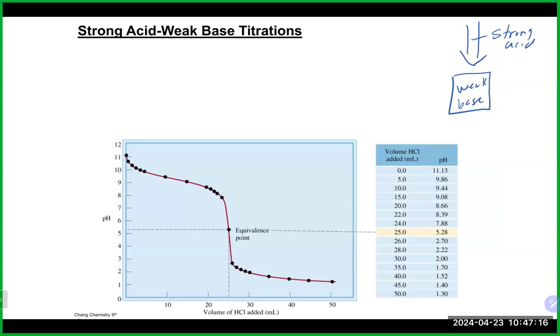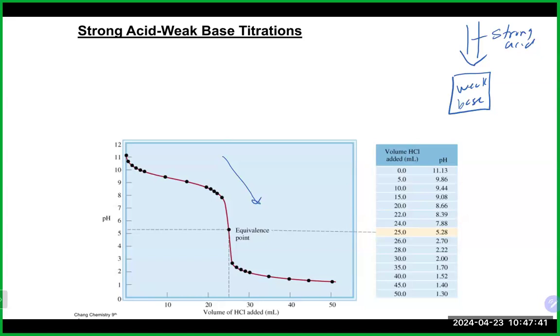So we're going to be adding the acid to the weak base. Instead of adding the base to the acid here, we're going to add the acid to the base. This is also why the curve looks upside down, because when we start, we have a base, which should be a basic pH, and we're adding acid, which means we're decreasing the pH as we come down here. So it starts high and ends low in this type of titration curve.